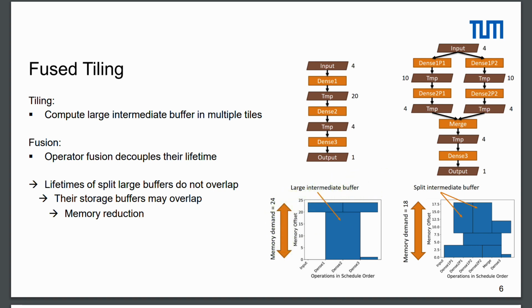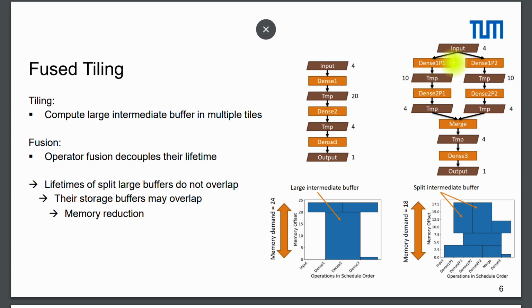The idea is now to compute this large buffer in 2 tiles and then fuse it with the consecutive operation in order to decouple the lifetime of these 2 split buffers.